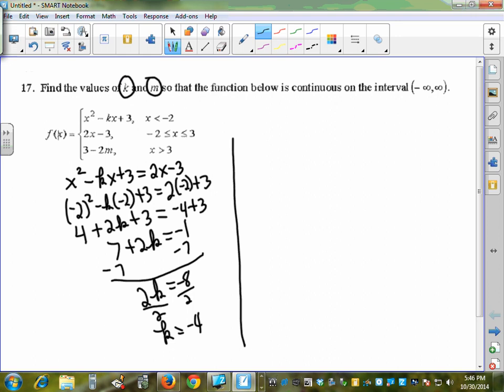All right. We also have to find the value of m, and that would involve these two pieces of the function. We know that if that's continuous, then the y value on this piece has to equal the y value on this piece here.